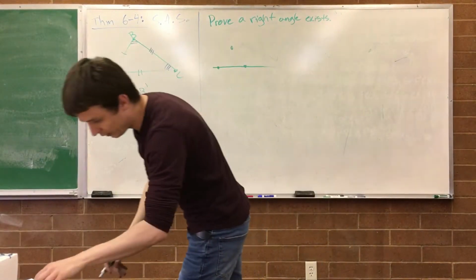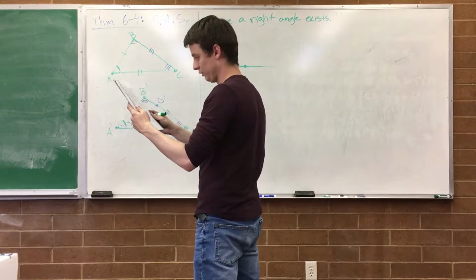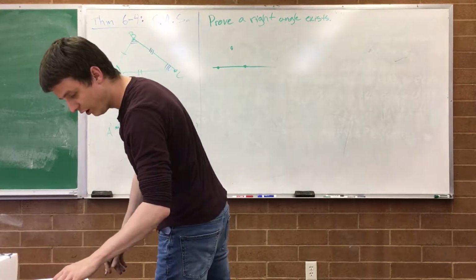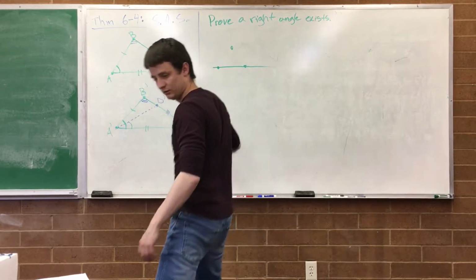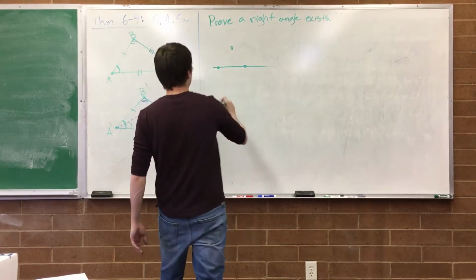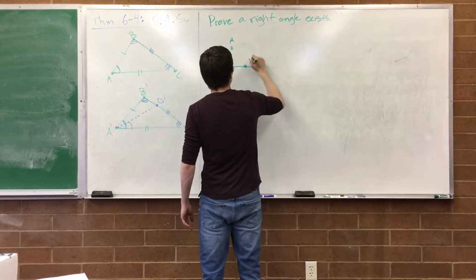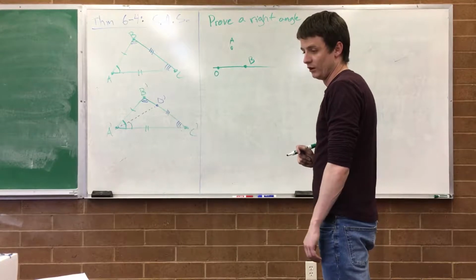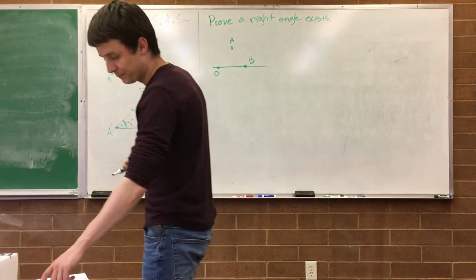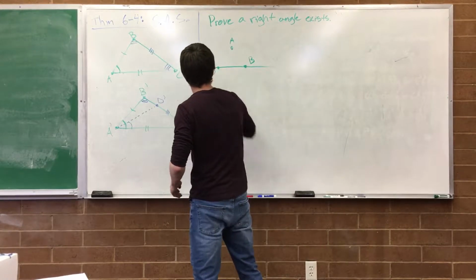And then to follow how he labels it, he calls the top one A. So this is O, this is A, and this is B. Maybe move O over there.